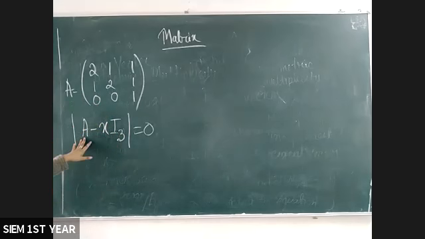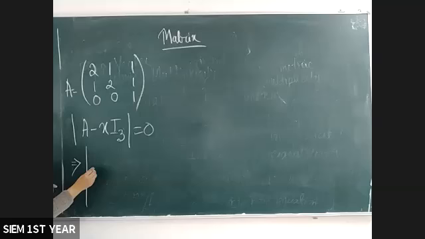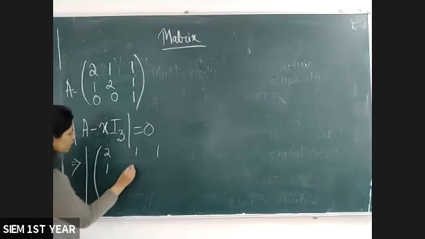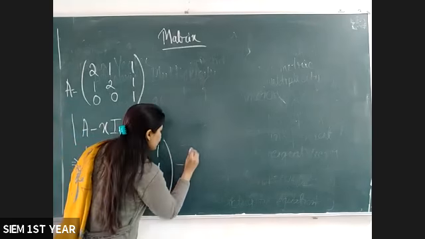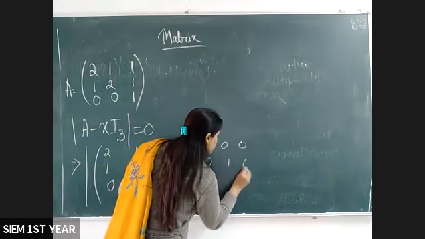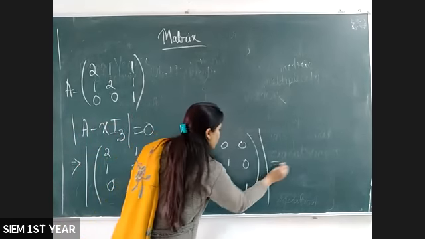So how can you find this? First you have to write this A minus x into I3. I am just writing this: A means 2 1 1, 1 2 1, 0 0 1, minus x into I3, which means 1 0 0, 0 1 0, 0 0 1, is equal to 0.